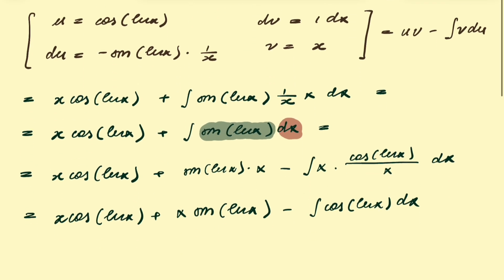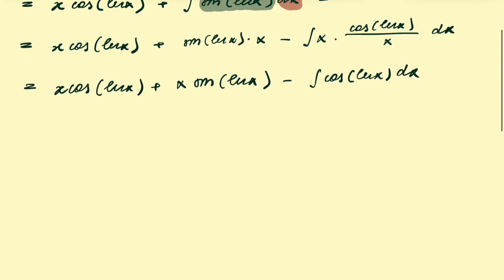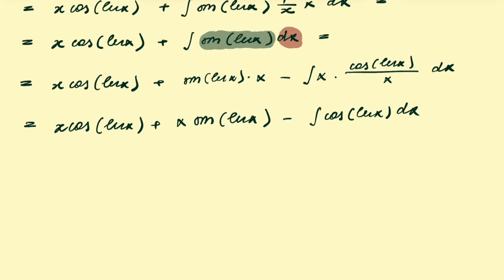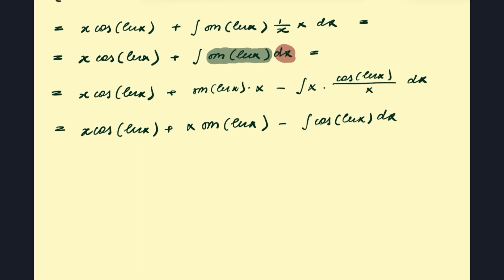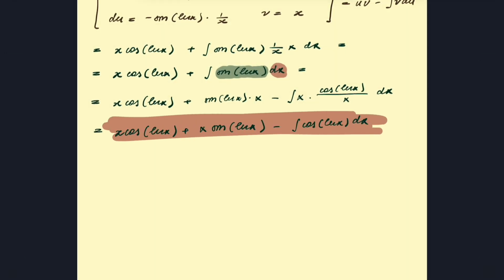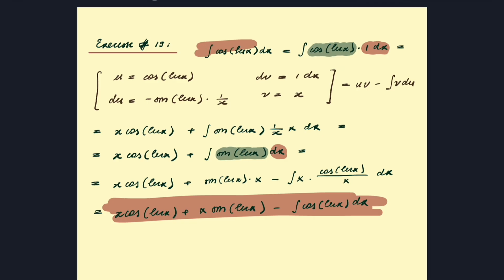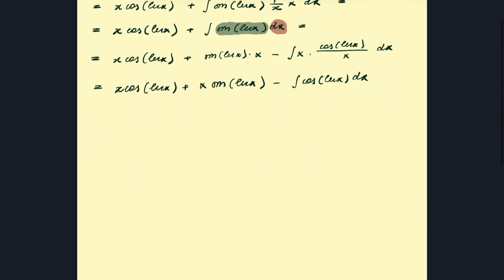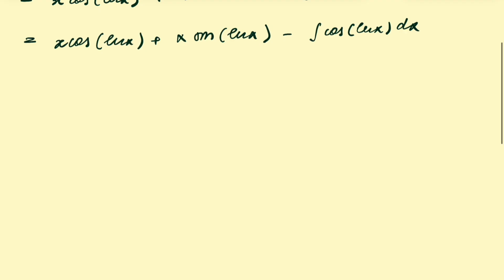So now, to give you a sight of what's going on here, we have this expression on the right side, and this whole expression is equal to this one. So we can just add an integral of cosine of ln x to both sides. I'll write this as a remark.